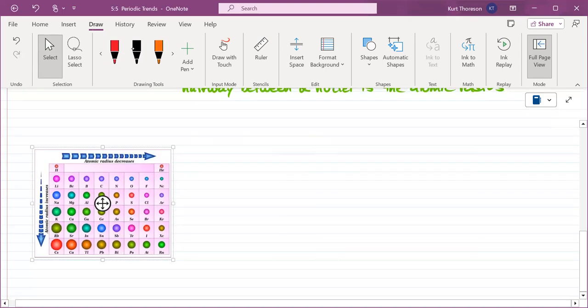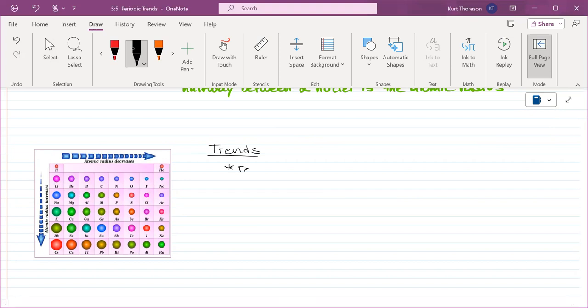Now, as far as the trends in the periodic table, what we need to focus on, guys, are representative elements only. So I need all of your focus today and tomorrow to be on the representative elements. That, in other words, means the S block and the P block.